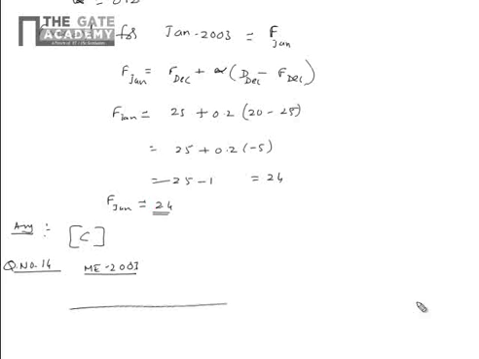Suppose for example you take Jan, February, March, April as the first consecutive 4 months.